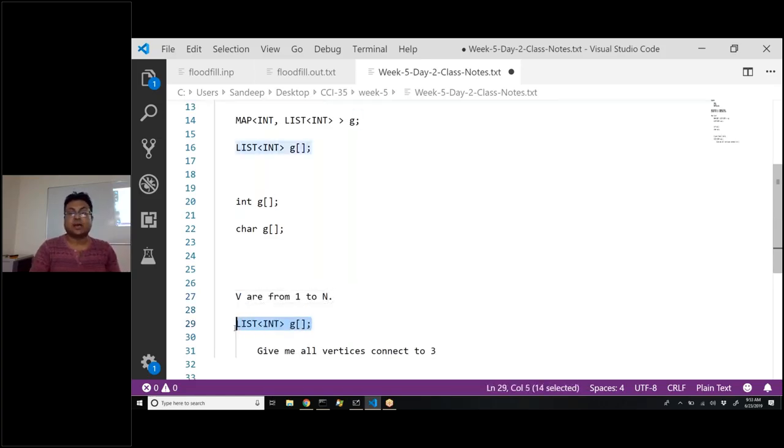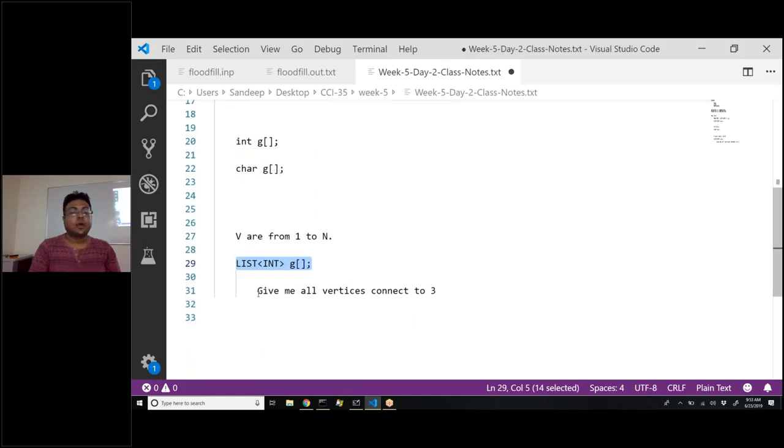This array is representing the graph. How can I get all the vertices which are connected to 3? G of 3 can give me a list. If I print that list, they are the vertices adjacent to 3. Right? Now, what kind of graphs can we represent using this?